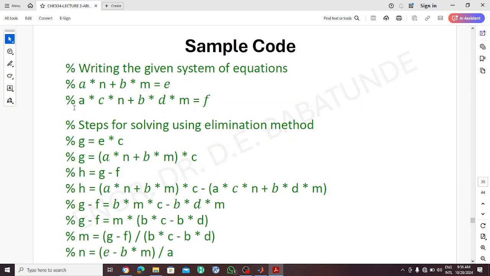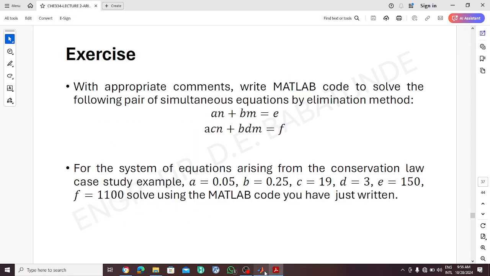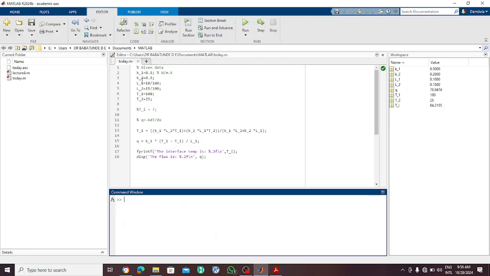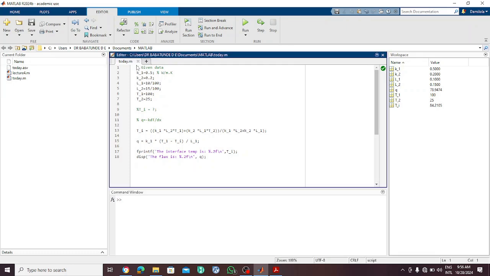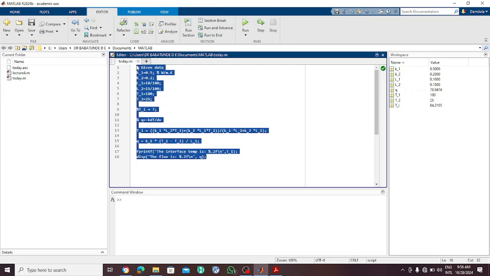So in just writing the pseudocode, what would you have done? That's what it's about. So let's go back to where we were. So I want to clear this.